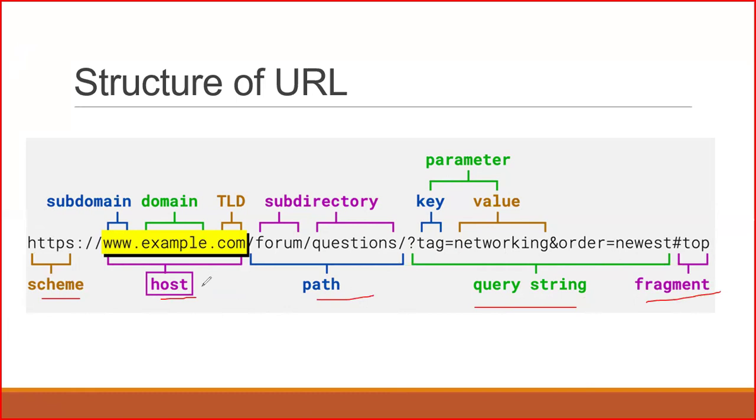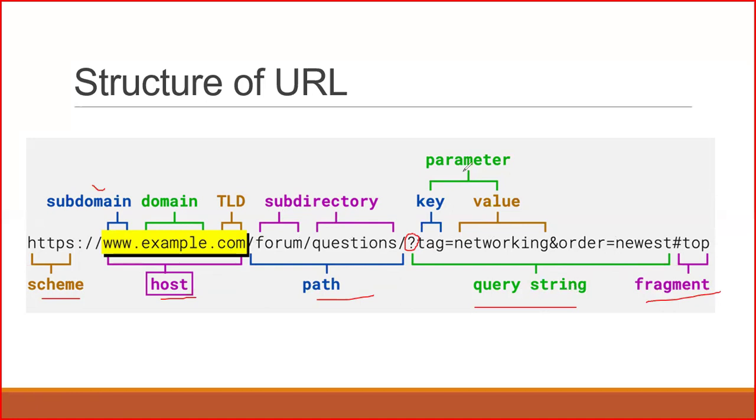And host or domain is divided into three parts: subdomain, domain, as well as TLD. Path is divided into multiple subdirectories. And whatever you see after the question mark, from the question mark onwards, those are query strings.